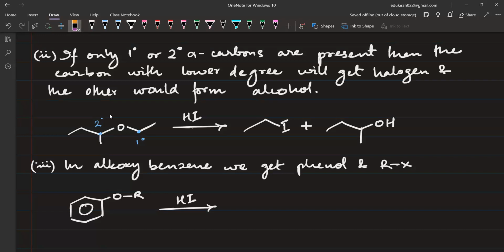Why? Because this is going to be showing resonance. So oxygen atom will be in resonance, so the CO bond is difficult to break. That is why which bond will break? The CO bond of alkyl group is going to break, and you will have OH plus RX.